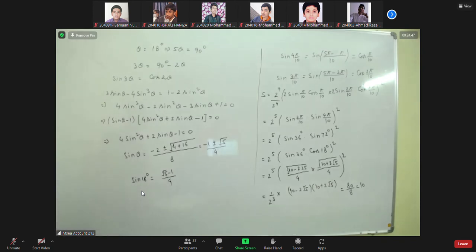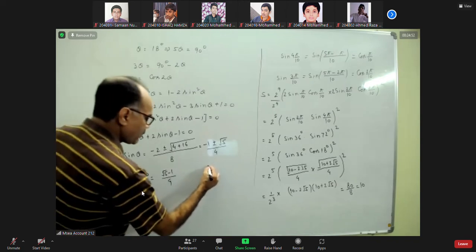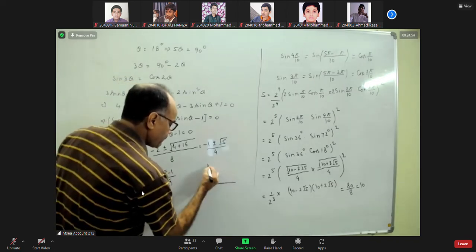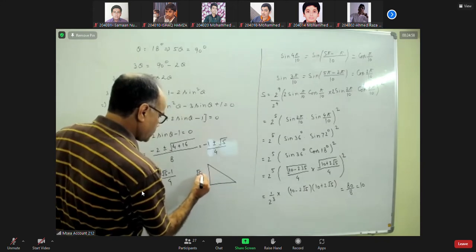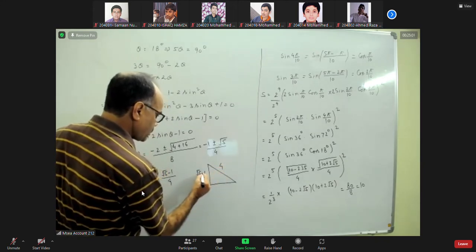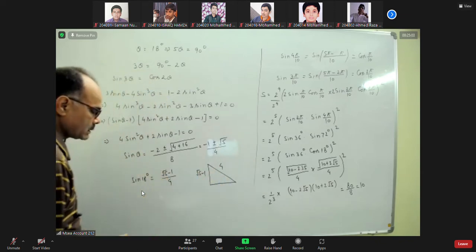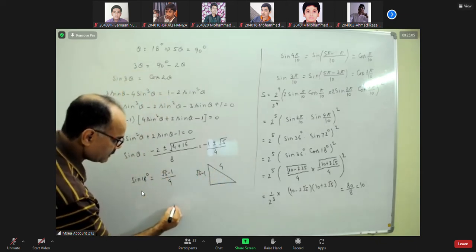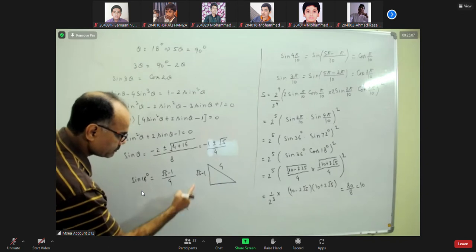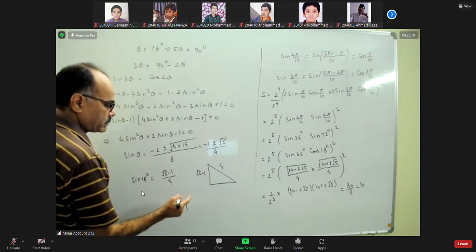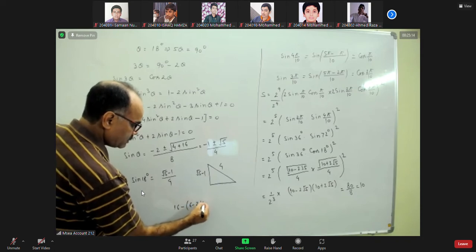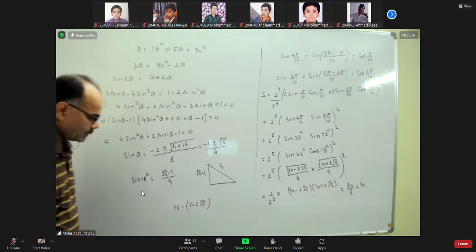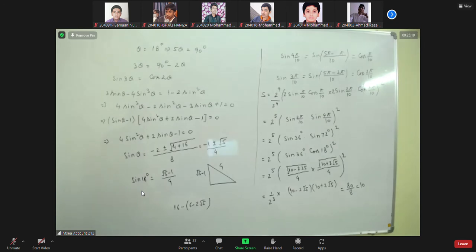So we want cos 18. By triangle we can find it. Opposite side is root 5 minus 1, hypotenuse is 4. This side will be how much? 16 minus this whole square: 16 minus 6 minus 2 root 5, which is 10 plus 2 root 5.